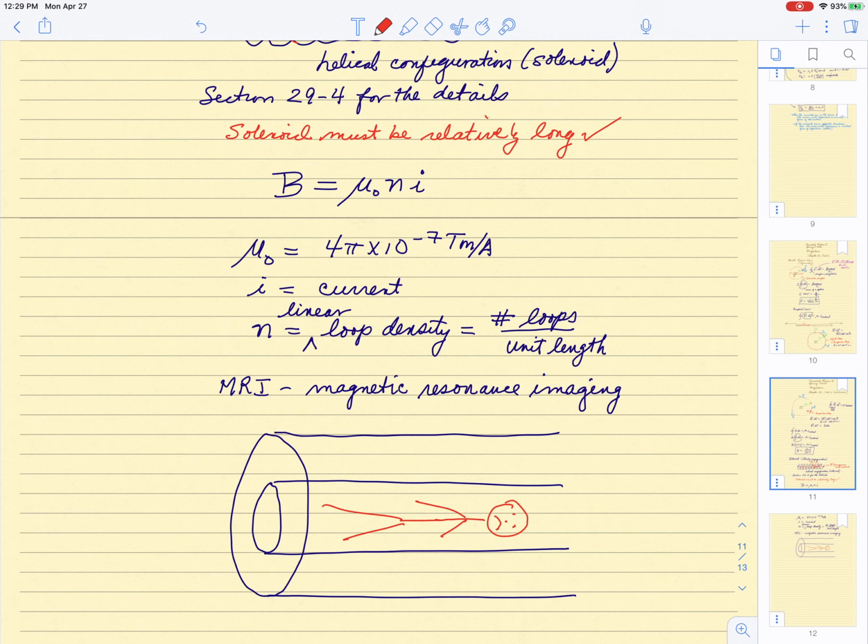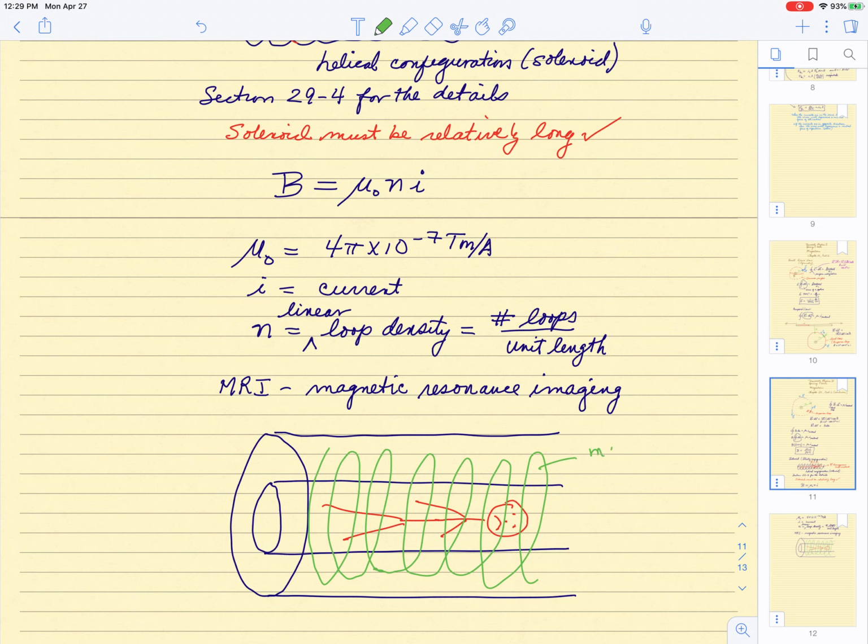Around you is basically this helical solenoid.